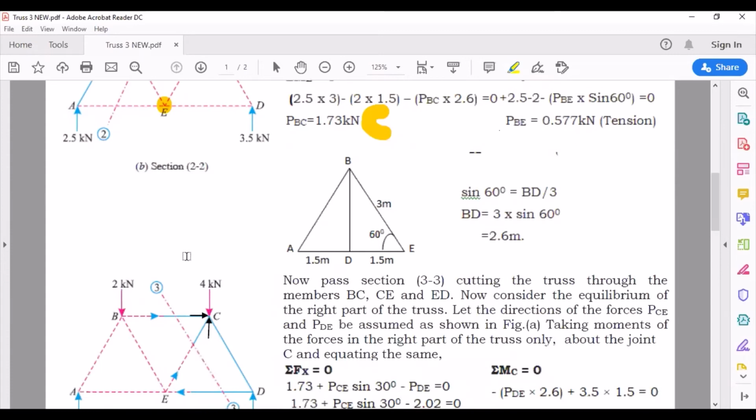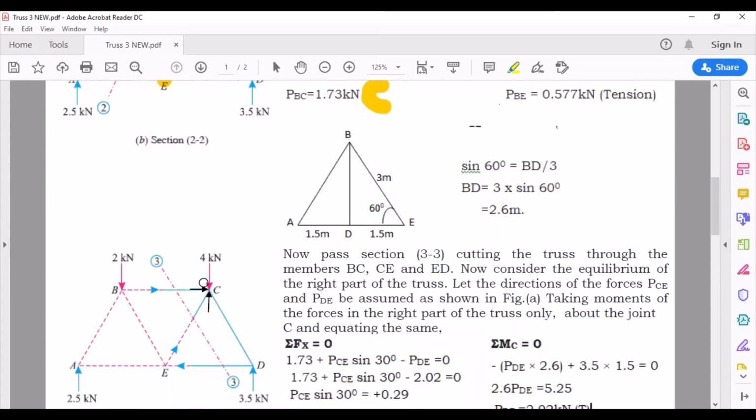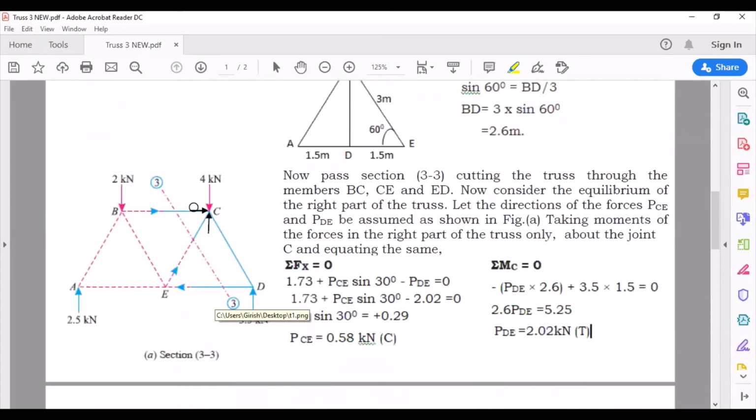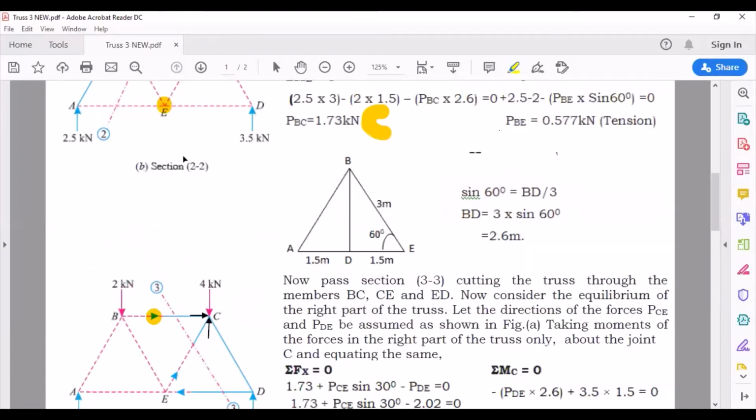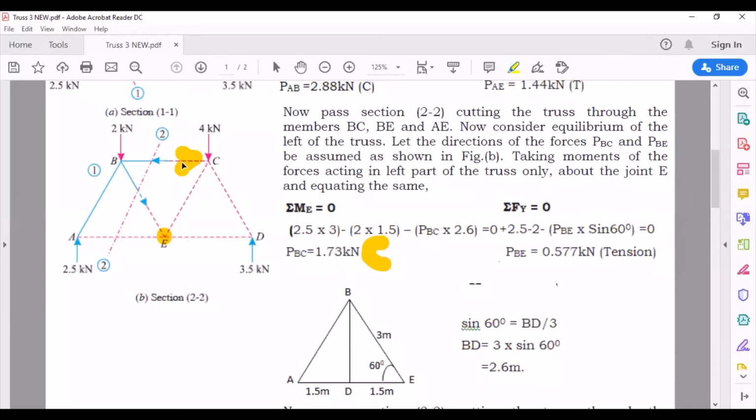Likewise, at point C, the direction of the member force BC shown here is fixed. It is not assumed, because it is from the diagram for which you have already calculated.